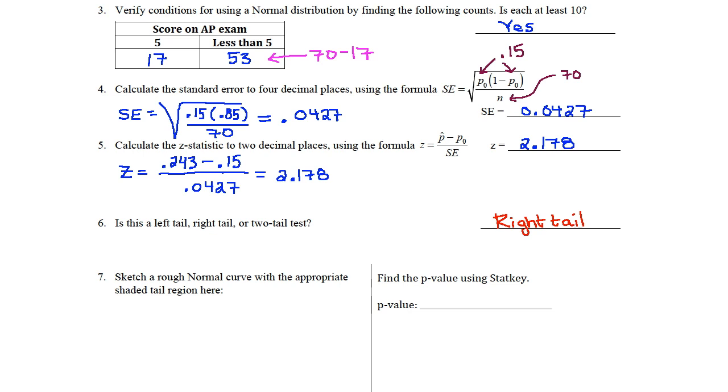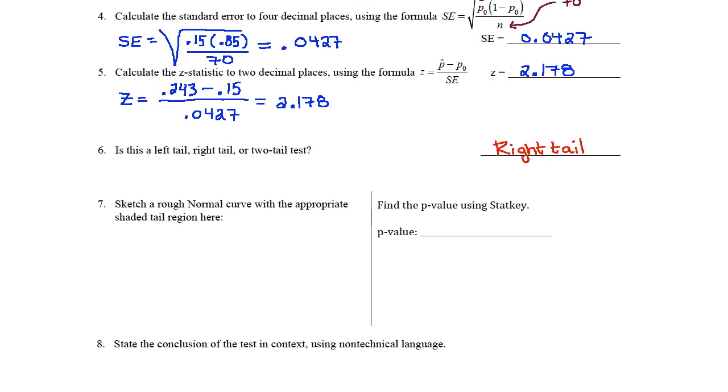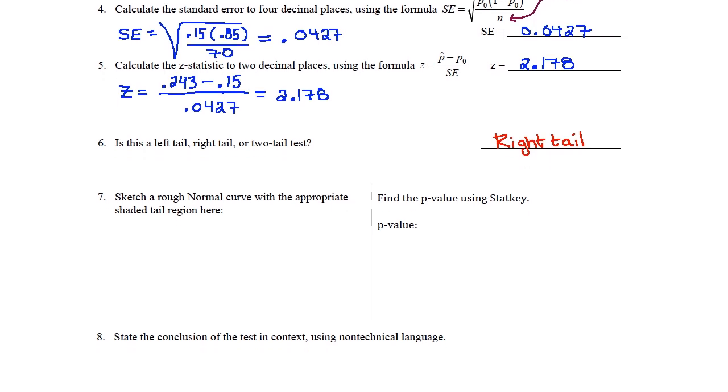I can draw a picture of what this should look like even before I go into StatKey and know the actual values. It's good to get some practice drawing your pictures first. Here's a normal curve.